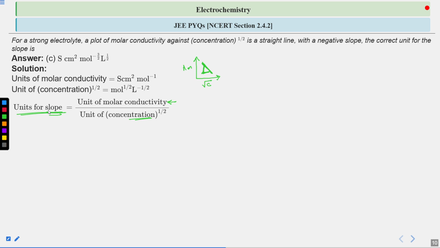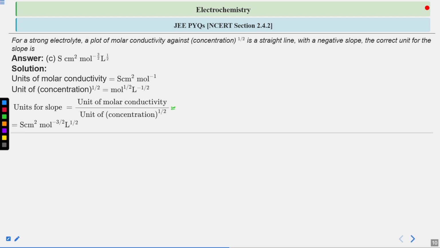Okay, understand? So what we do, the unit for slope will be equal to the unit of molar conductivity, that is lambda m, divided by the unit of the concentration under root. Okay, now we know both units, so you just have to divide them. Let me solve for you.